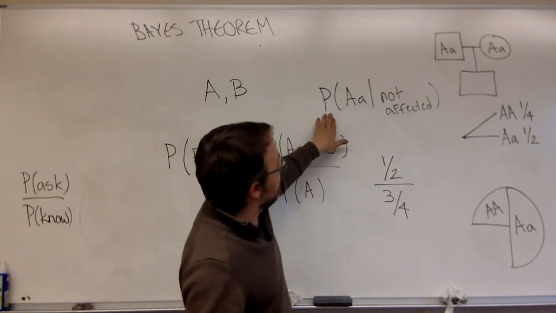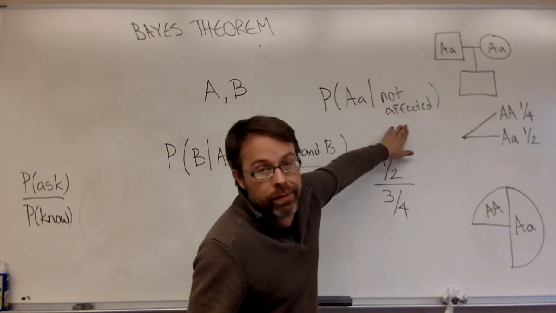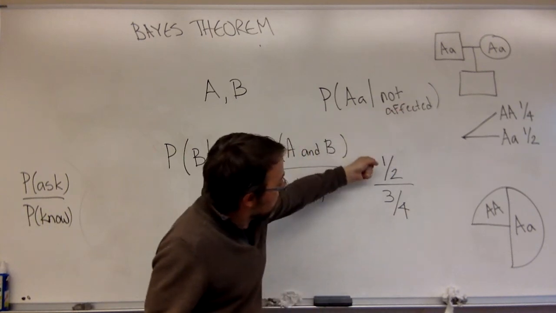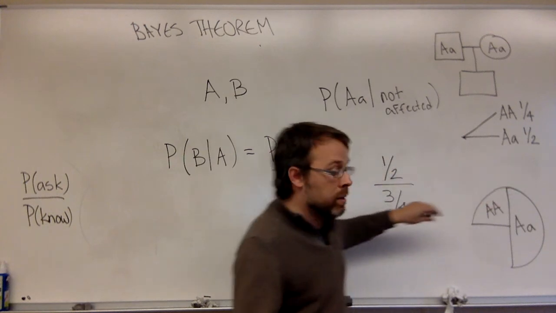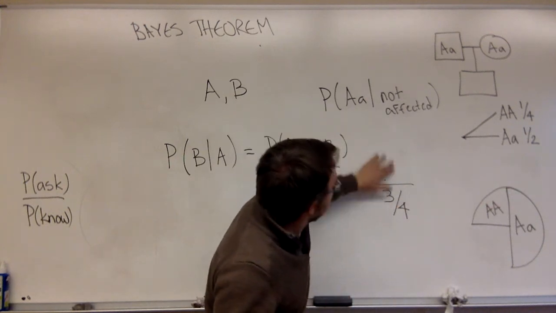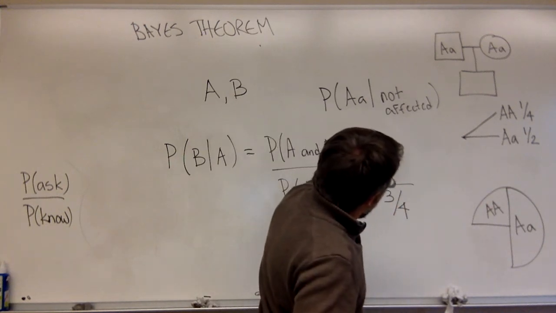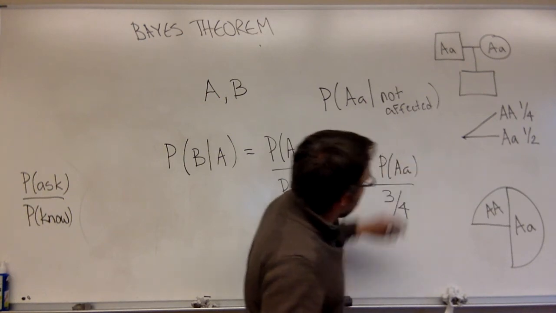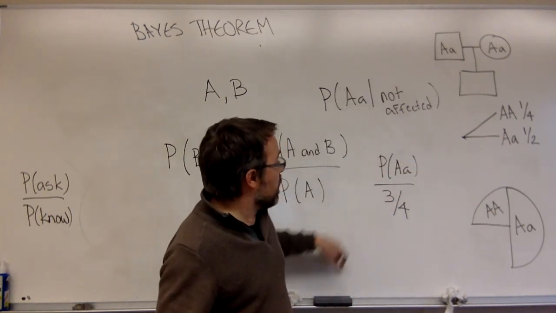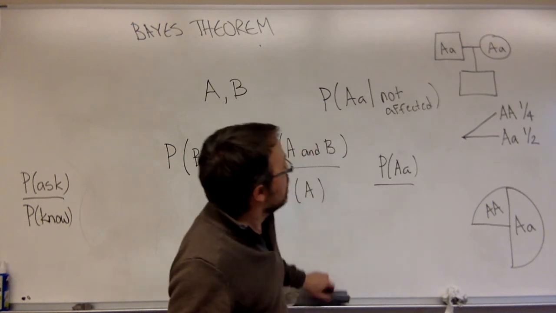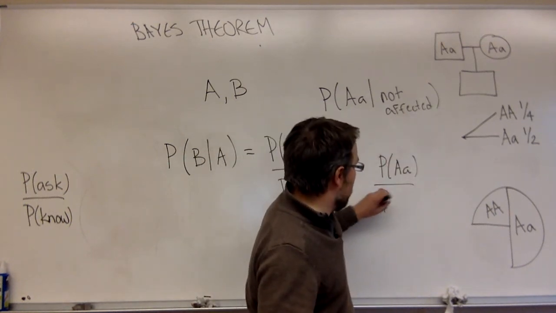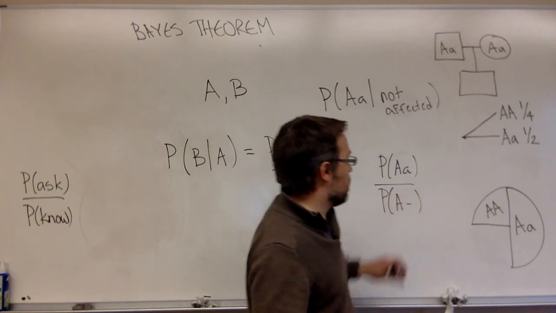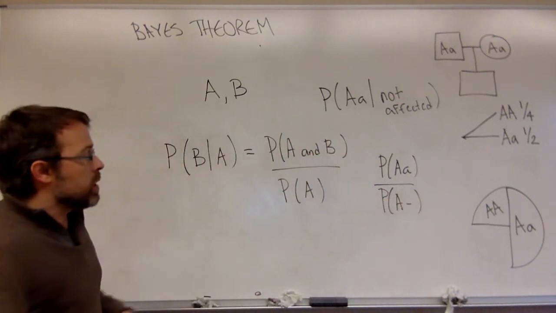Here we said the probability of big A little a given that it's not affected. And then this was the probability of big A little a. So actually we can rewrite this as the probability of big A little a divided by what we know, the probability that they're not affected, probability of big A dash. So that's what we've done over here.